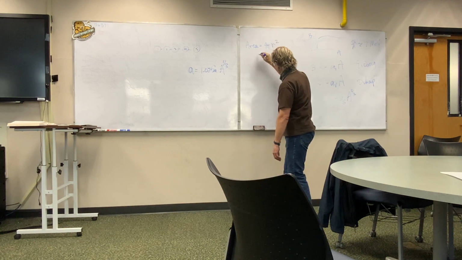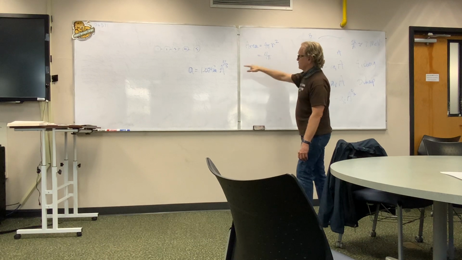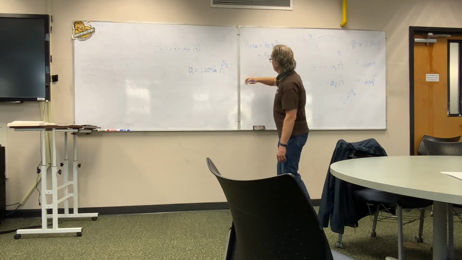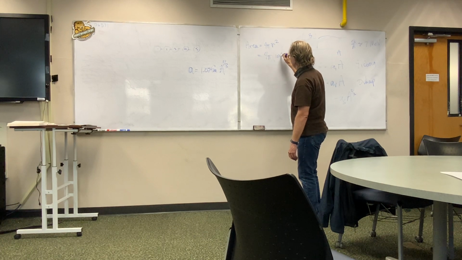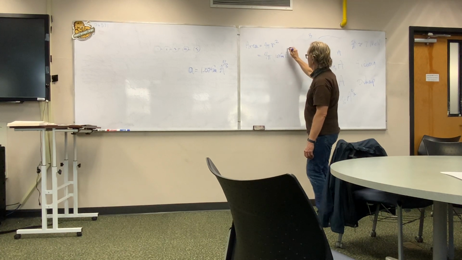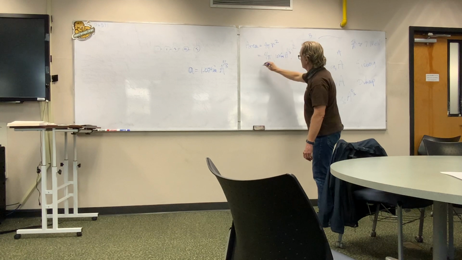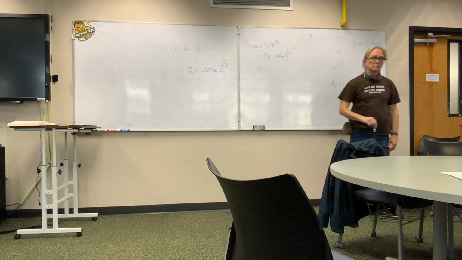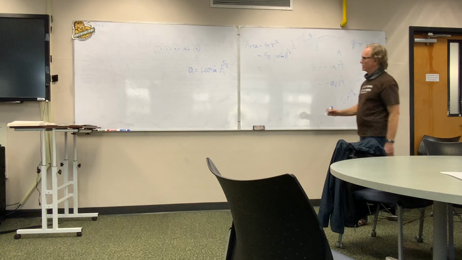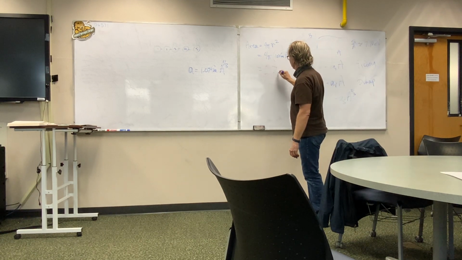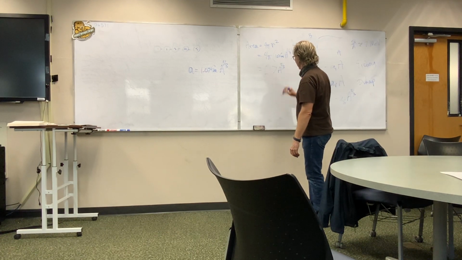If I put in this for r, what do I get? I get some stuff in front times A to the 2/3 power.